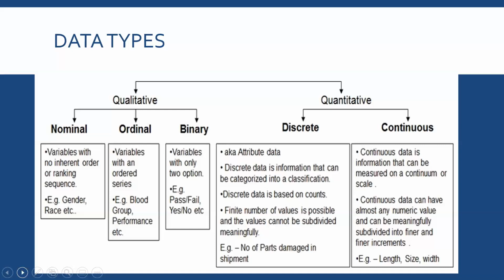Discrete data is based on counts. A finite number of values is possible, and the values cannot be subdivided meaningfully. For example, the number of parts damaged in shipment. These are counted, and we can't subdivide them. It's just the number of parts that are damaged.